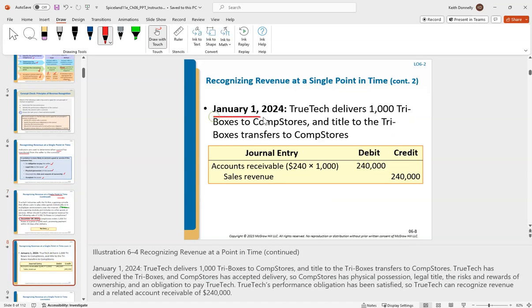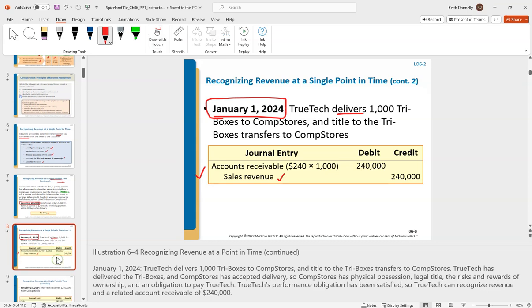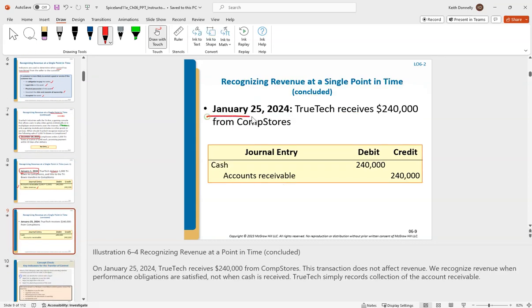However, on January 1st, whenever we deliver those Xboxes, then we can make the journal entry for the sales revenue because we've earned it. Control has passed. Finally, on January 25th, when they pay us, that's great, we got the cash, we'll flip out the receivable. So this is really saying, there was the order date, the date they made the order.